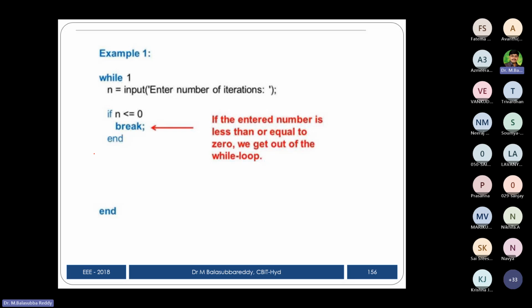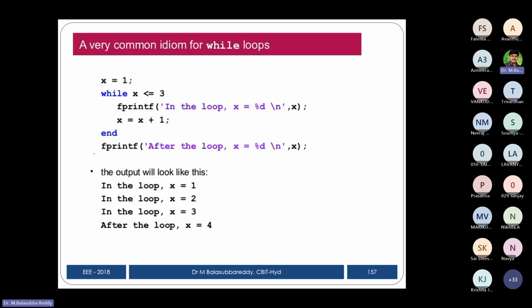So wherever the condition is there, with the break command, it will come out of the loop. And in this example, x is 1, it is true, it will go inside, x is incremented by 1, then 2, it will repeat again, and then it reaches 3, which is fine. If it becomes 4, then 4 less than or equal to 3 is false, so it will come out. This is the way you can use the while loop.